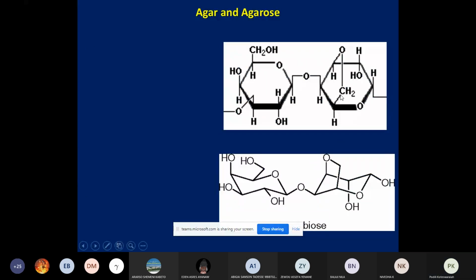So this is galactose and 3,6-anhydro L-galactose with beta 1,4 and alpha 1,3 glycosidic linkages, and agarose is also used as a medium for electrophoresis for the separation of DNA and also high molecular weight proteins.